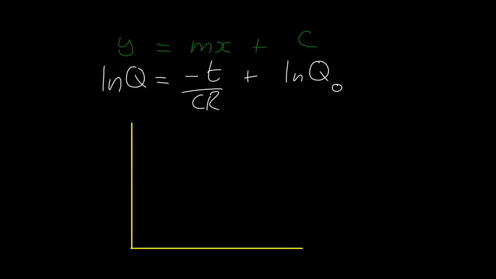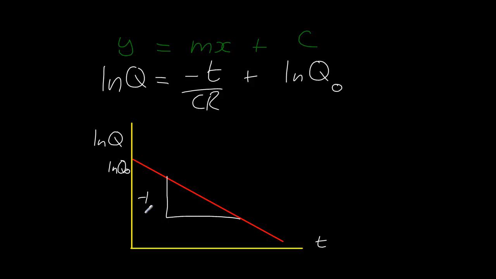So, if I had a graph and I was to plot the natural logarithm of Q, there's my y, natural logarithm of Q on the y-axis and t along the x-axis, I should get a straight line graph with a negative gradient coming down something like that, where the intercept of the line is going to equal natural logarithm of Q0, and a gradient of minus 1 over CR.